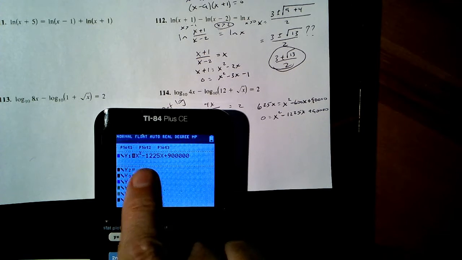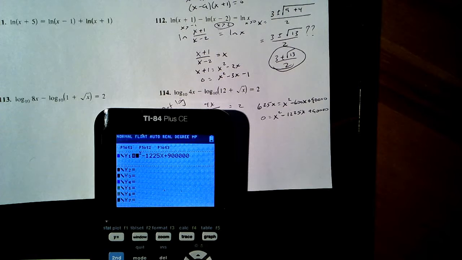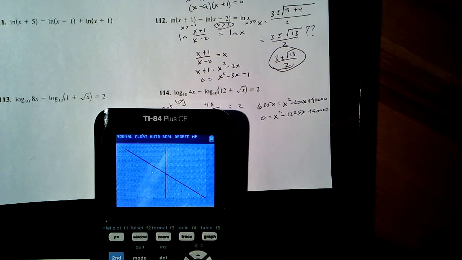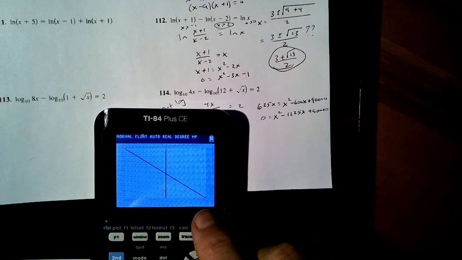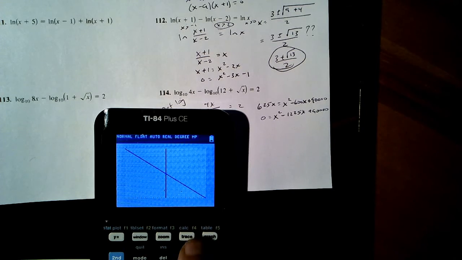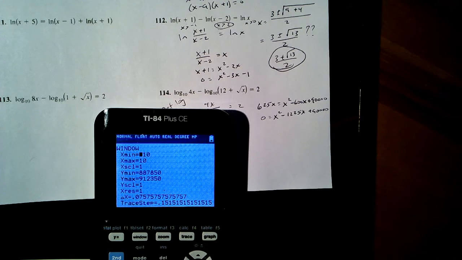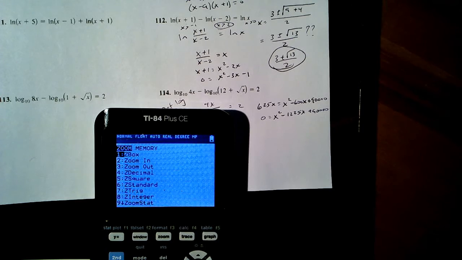This should be a parabola, but it's not showing like a parabola at all. So let's go back to our graph and take a look at that. I need to go a lot further. If I go trace here, my values are really, really big. So I'm going to let my window go all the way to 200, and zoom fit again.